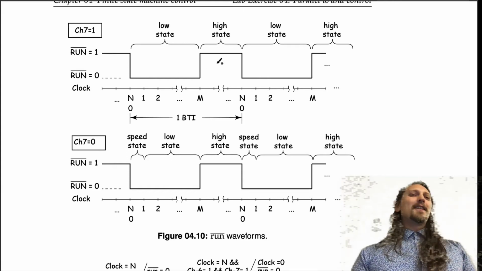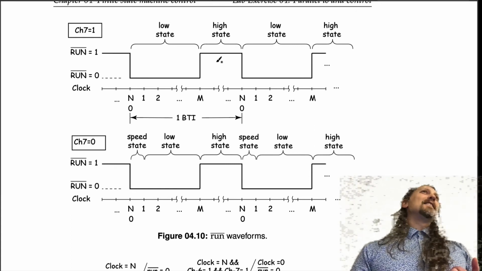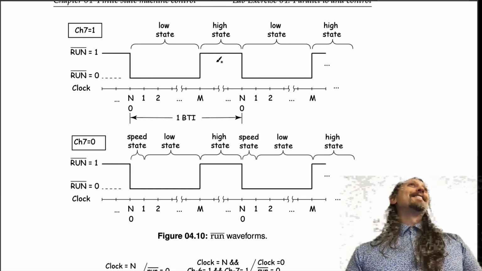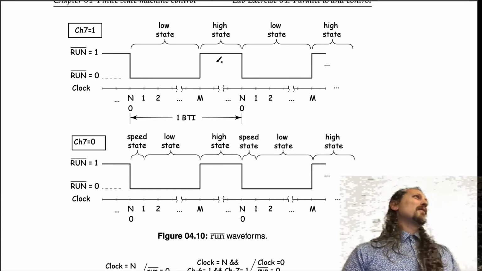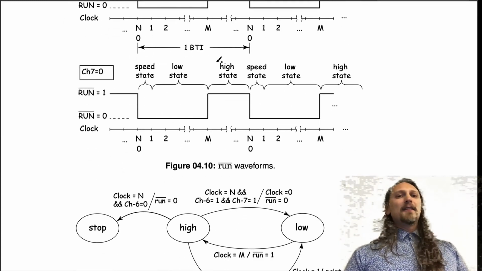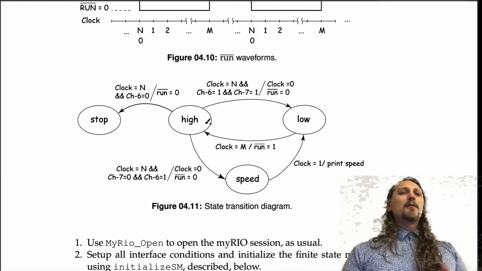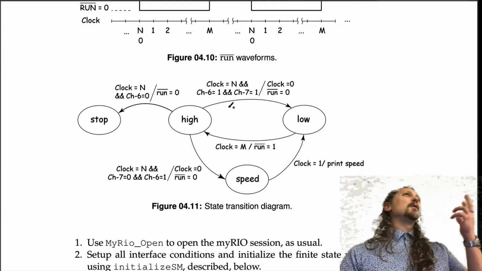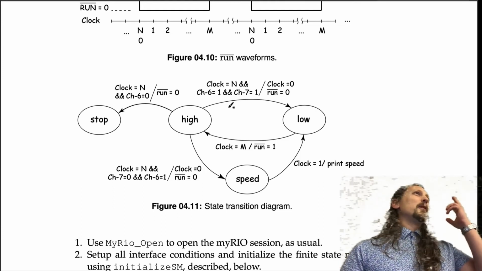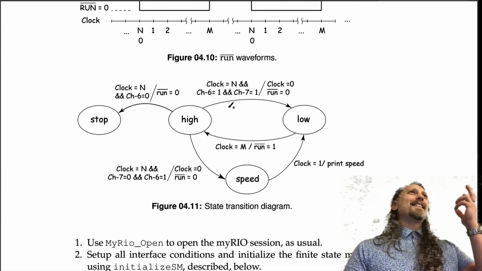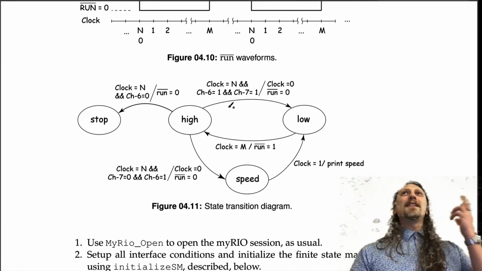When not run is 1, it means actually don't run. Because we're very intelligent and we can do double negatives. We're not limited by the doubleness of the negativity.